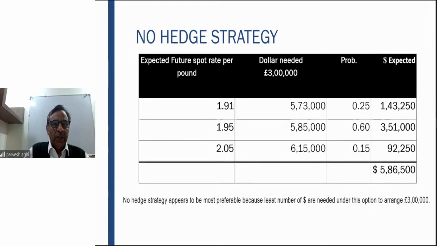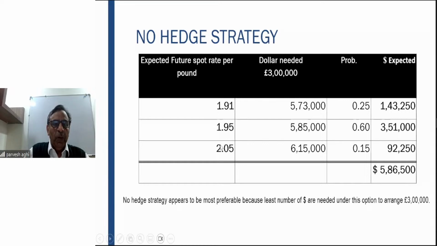So now, if you just look at the no hedge strategy, where we just take the future spot rate as per the expectation of the company, and then we multiply it with pounds, and then apply the respective probability, we'll get the dollar amount. Okay, fine. So which means that the total outflow will be 5,86,500. So how has it been worked out? No strategy means the company is not taking any hedging positions.